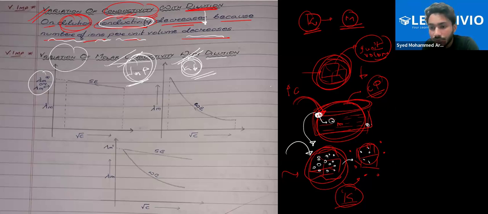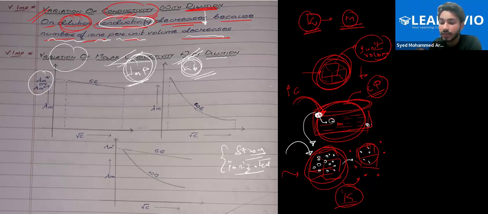So if the complete dilution has already happened, then how will my conductivity increase? Even if I increase the water, the complete ionization is already done in the strong electrolyte. But what will happen with the weak electrolyte?